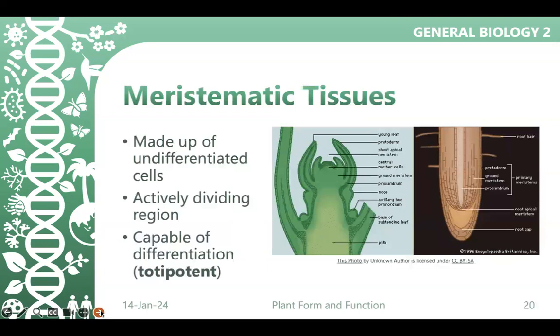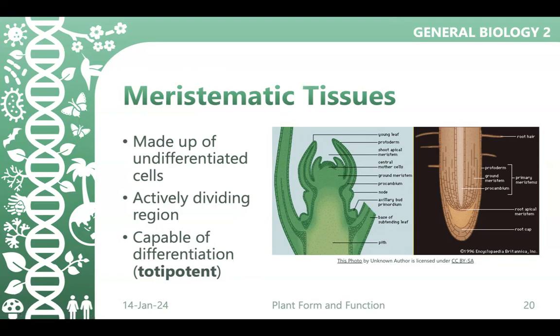So meristematic tissues are made up of undifferentiated cells. When we say undifferentiated, it means they are not specialized, so they are capable of becoming anything. Being capable of differentiation means that they are totipotent. Meristematic tissues are an actively dividing region found in your plants.